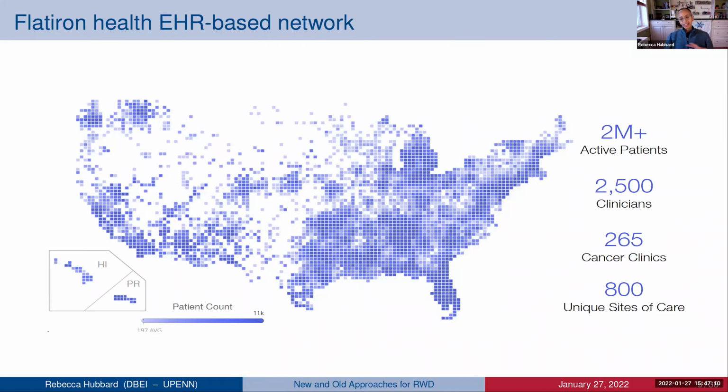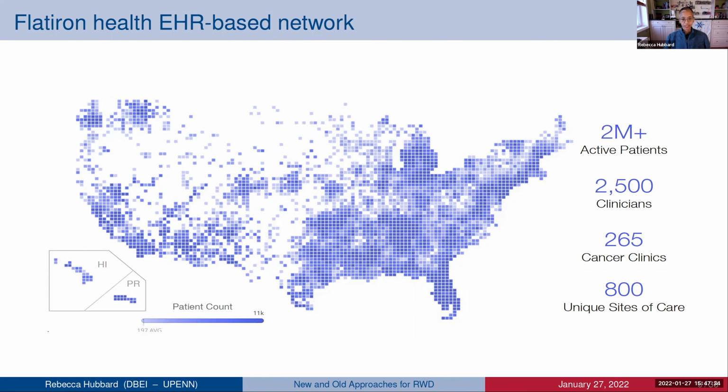Flatiron is a collaboration amongst a very large number of cancer clinics throughout the United States. Flatiron accesses their EHR, provides structured data elements, as well as manual chart abstraction for a lot of data elements that aren't available in structured form, puts them all together into a big research database, and we're able to use it as academic researchers for free to answer this kind of clinical question.